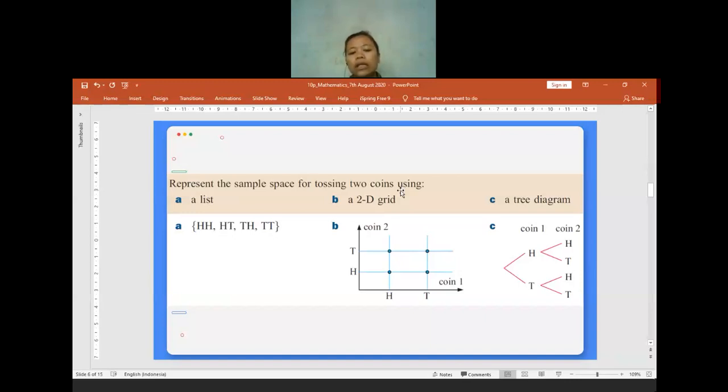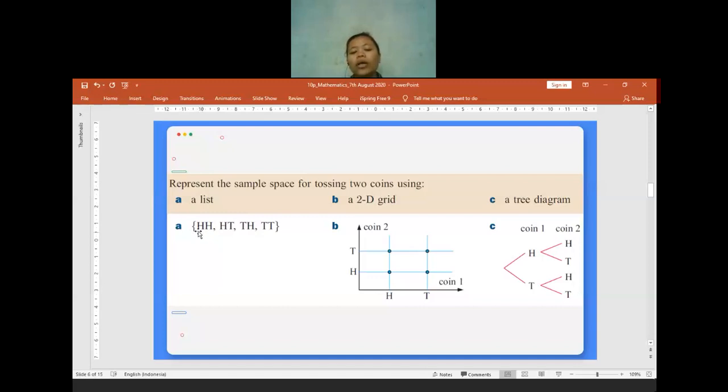So here, we have to find the sample space of tossing two coins. Because there are two coins, we can make a list, or we can make the two-dimensional grid, or we can make the tree diagram. If making the list, you just have to be careful to maintain that you list all of the possible outcomes.